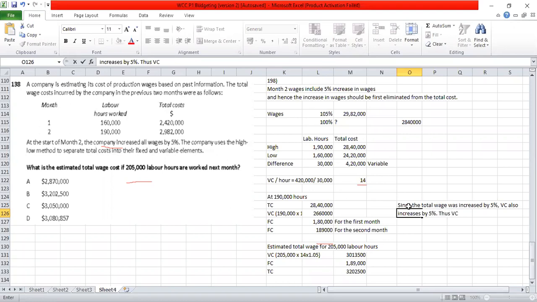Variable cost is equal to 14 into 1.05, which would be 14.7. So that part will be 14.7 into 205,000, then fixed cost, and then total cost. That's right.